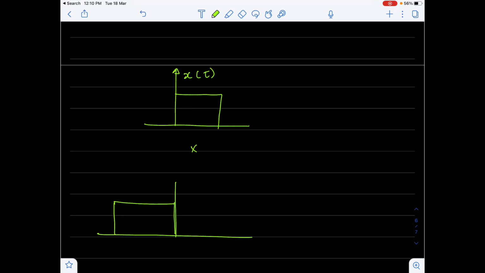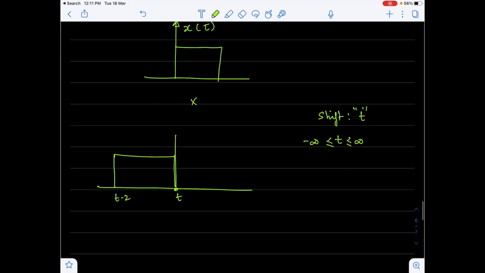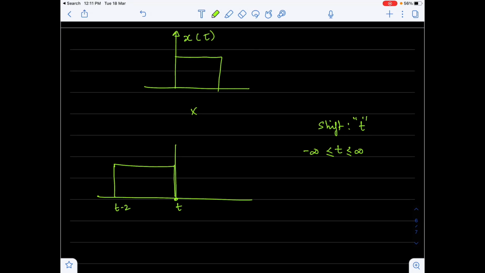You see the shift parameter, this is t and this is t minus 2, but for the shift parameter, we need to consider all the possible values of time. So for the shift parameter, which is nothing but t, we will consider t changing between minus infinity and infinity. That means we need to consider all the possible values of time. So we will start with the lower values right now. So for t less than or equal to 0, we can say.